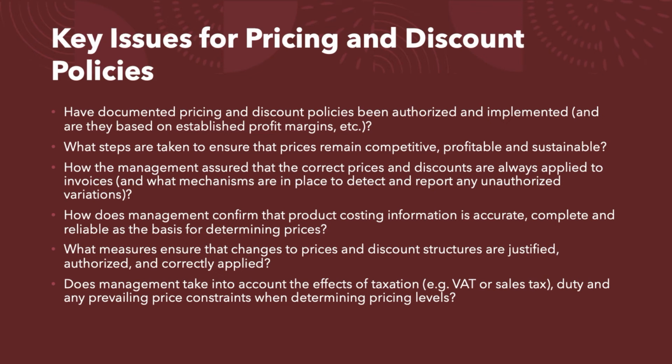Okay? Fourth question: how does management confirm that product costing information is accurate, complete, and reliable as the basis for determining prices? Usually there are board meetings where we can confirm the product costing, where the cost structure of each product is shown. If it is accurate, it means there is really a good process for accumulating cost and accounting for or assigning the cost to the cost object.